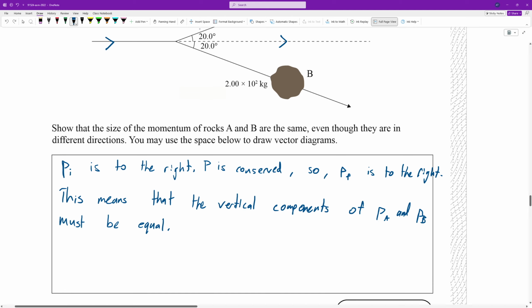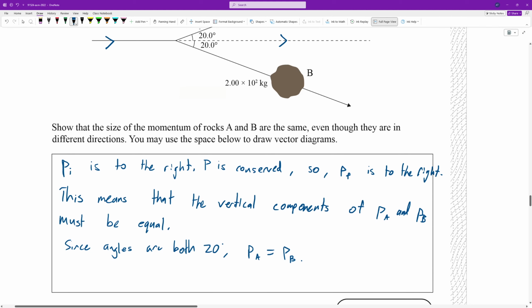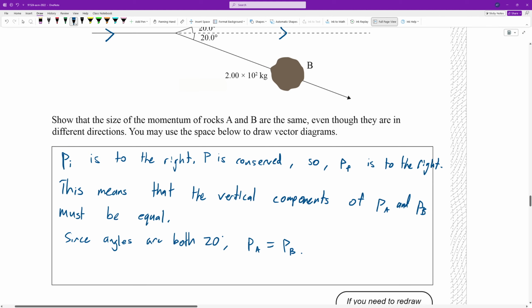So let's write, since angles are both 20 degrees, all right, symmetrical, PA must equal PB. Awesome. So just to summarize that one, the initial momentum is to the right. We know momentum is conserved, so the final momentum must be to the right.